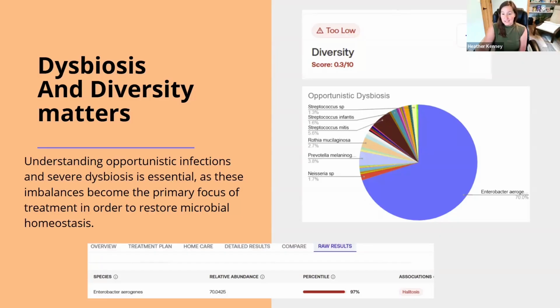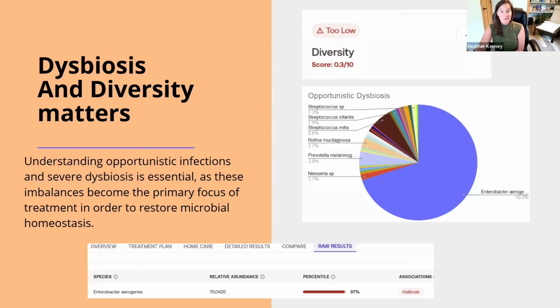I'm going to be doing a presentation for the IOMT on low diversity and how that matters. But this Enterobacter species is taking up 70% of the oral microbiome. I brought in this pie chart just to show you what that looks like from the perspective of a garden. This is a weed taking up 70% of the oral microbiome, and that's a significant dysbiosis.